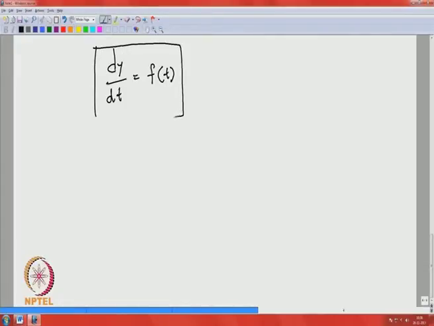This problem is nothing but your integral calculus problem. Given a function f, you want to determine y of t. Attempting to solve it is precisely where the fundamental theorem of calculus comes into play.